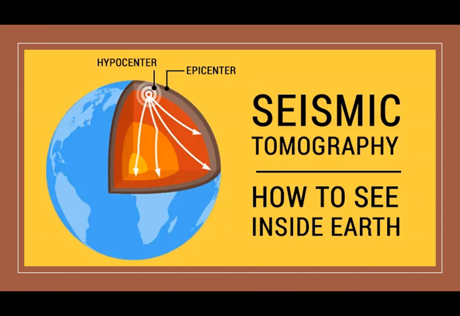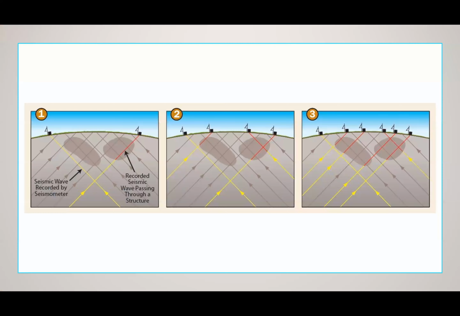P, S, and surface waves can be used for tomographic models of different resolutions based on seismic wavelength, wave source distance, and the seismograph array coverage. Geoscientists use these images to better understand core, mantle, and plate tectonic processes.